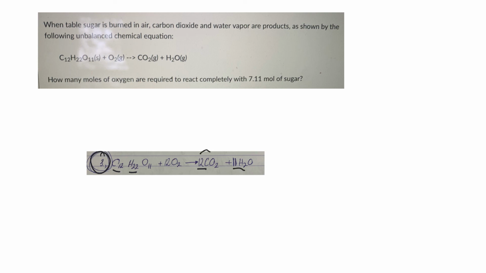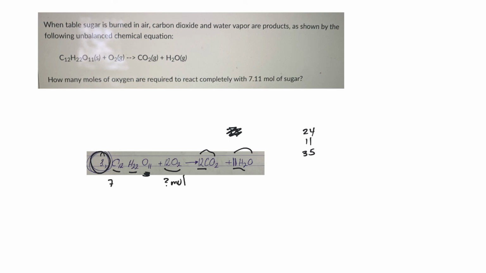Now on this side I've got 24 plus 11, so that's 35 oxygens. It's 35, so I need 35. So there's 24 here and another 11. Yeah, that looks perfect.